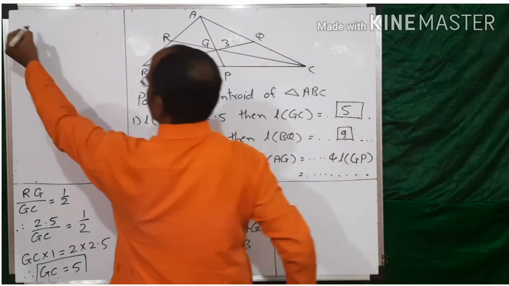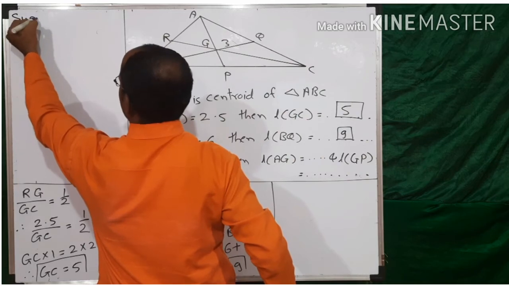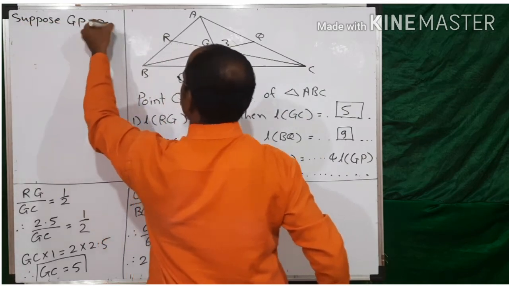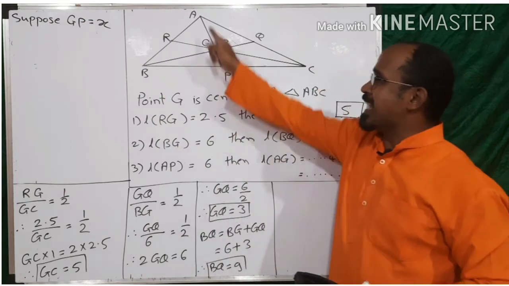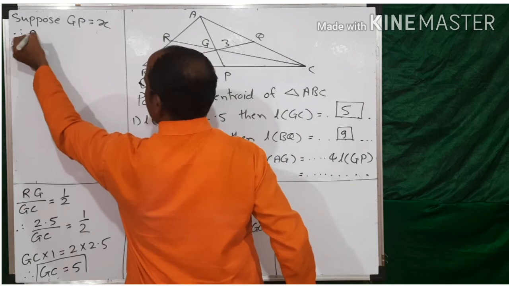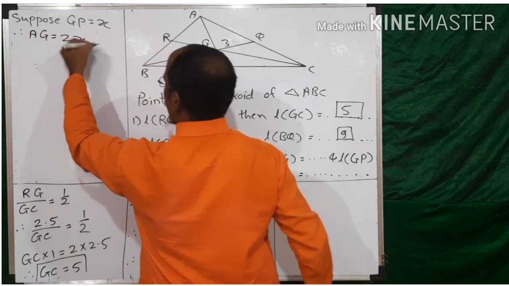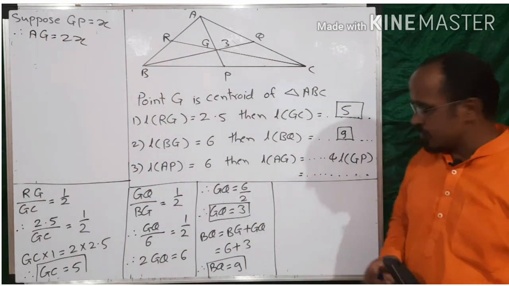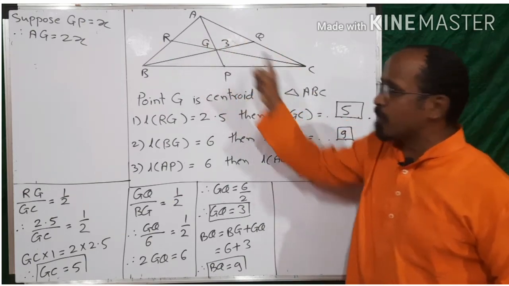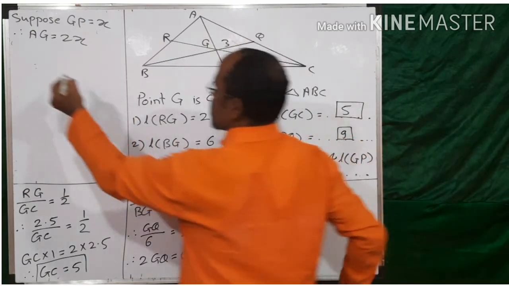So suppose GP is equal to x, then AG will be equals to 2x. Clear? And AP is equals to AG plus GP.